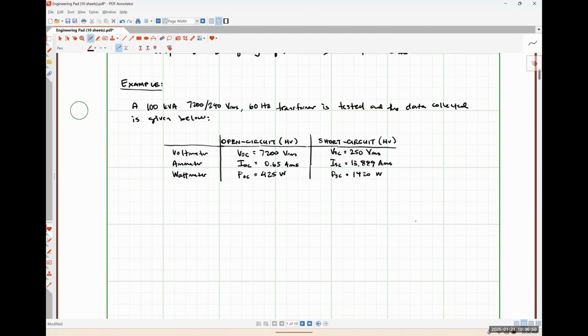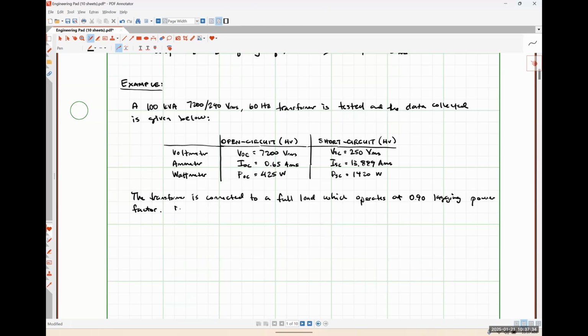So the transformer is connected to a full load, meaning that it's drawing rated current and all that kind of good stuff, which operates at 0.90 lagging power factor.